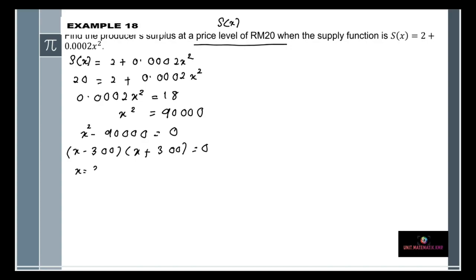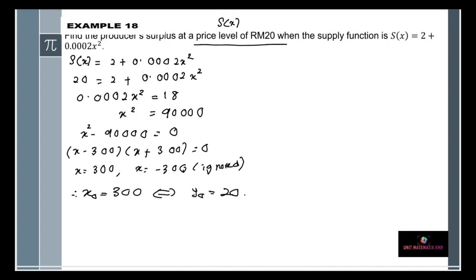Therefore x equals 300 and x equals negative 300, ignore. x is normally the number of products, so therefore our x0 is 300, which implies y0 equals 20.